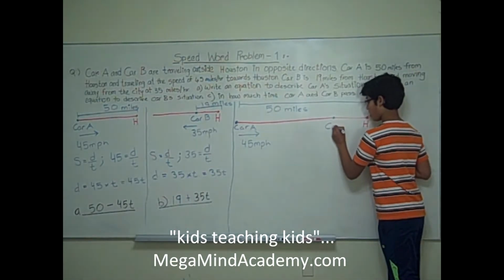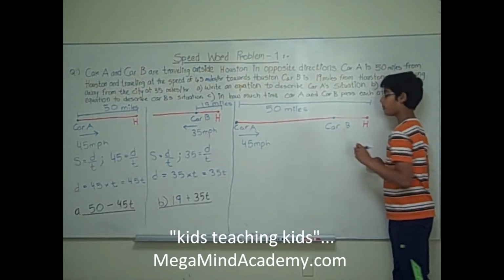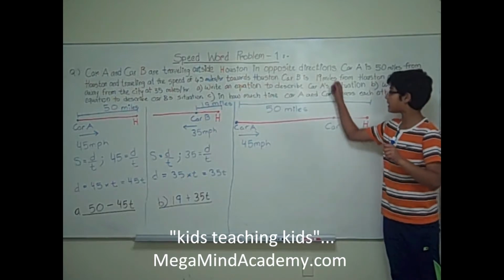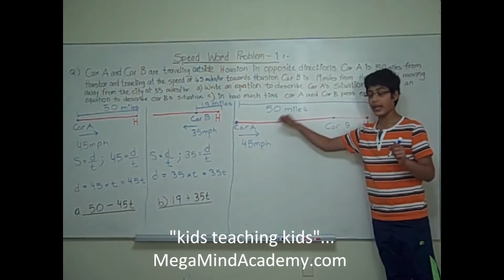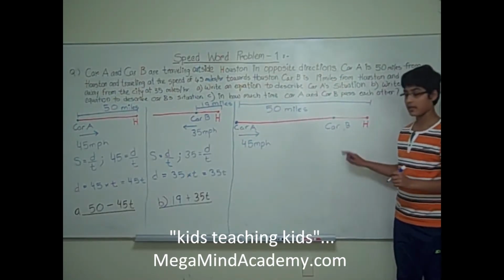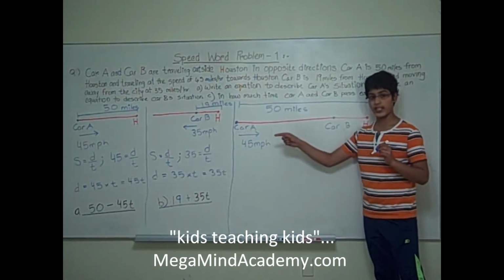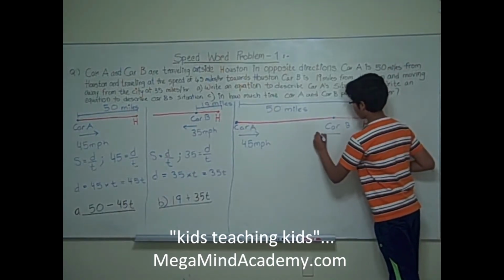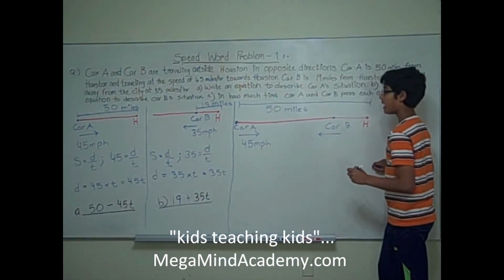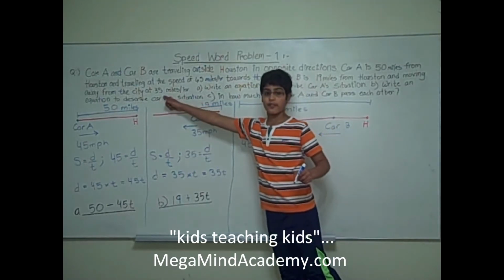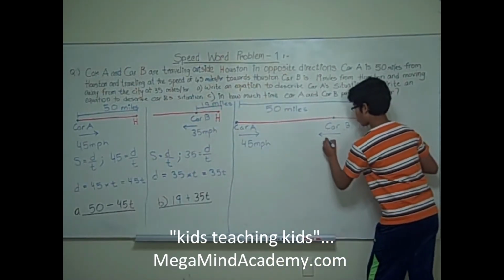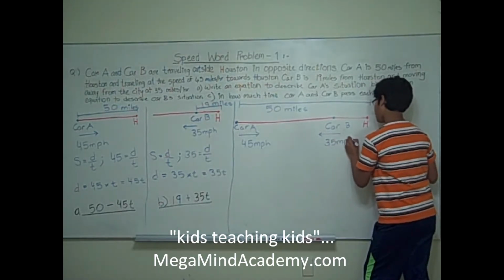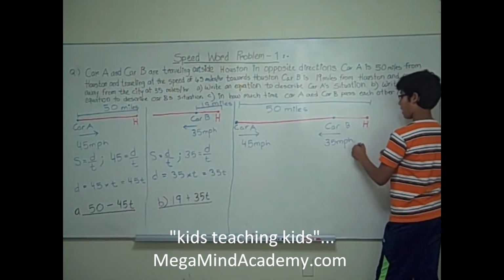And car B is traveling away from Houston and in the opposite direction as car A. So that means that car B must be traveling this way, towards car A, at 35 miles per hour, mph.